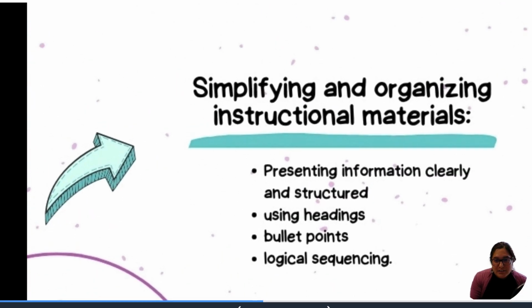Simplifying and organizing instructional materials, how we present the information, using headings and bullet points. Now, there are aspects about making our materials accessible, and to be ADA compliant. And if I'm using headings, for example, using a heading just like the bold font is not enough, because sometimes the screen readers are not going to be able to identify that.